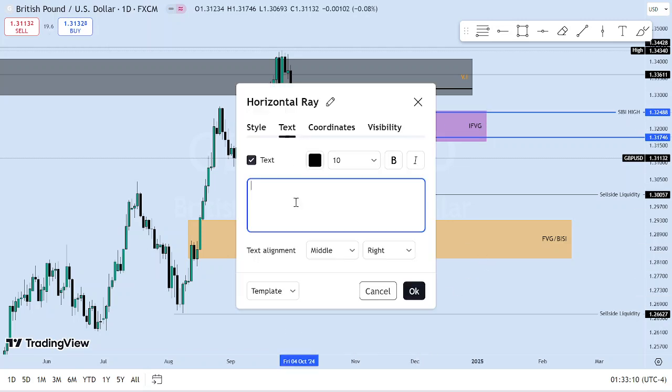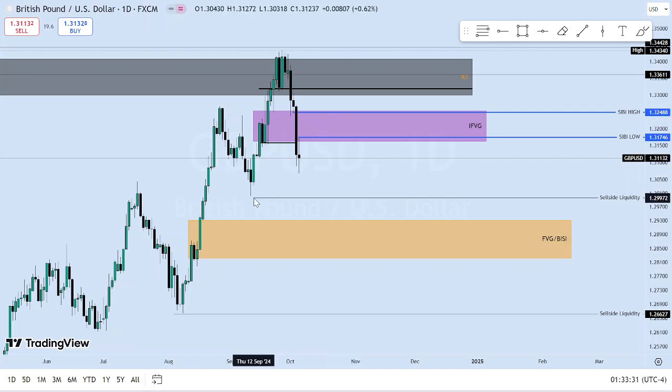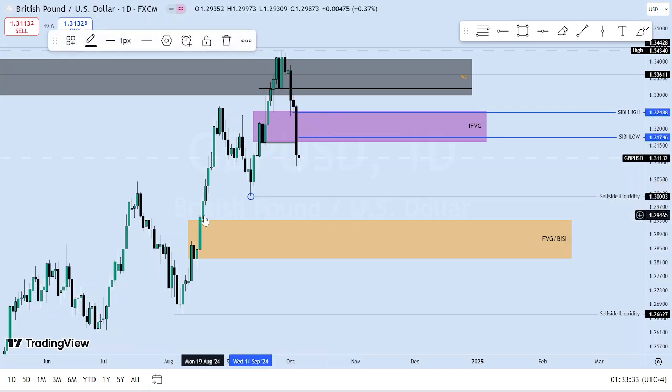Then here sell side imbalance, buy side inefficiency low, CB. Okay, so we are anticipating price to deliver inside this fair value gap. Then we see a rundown to take this liquidity below. Yeah, these are breakaway gaps.